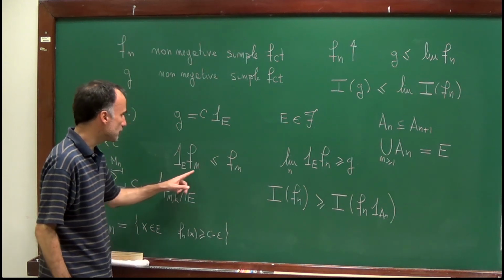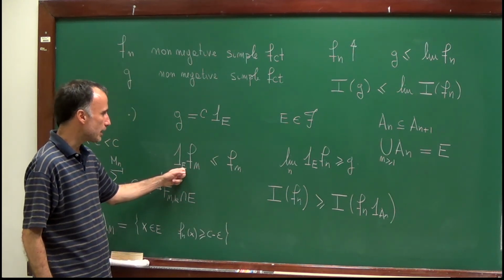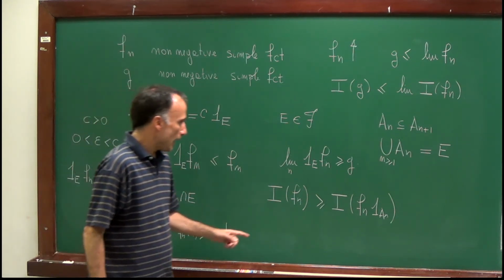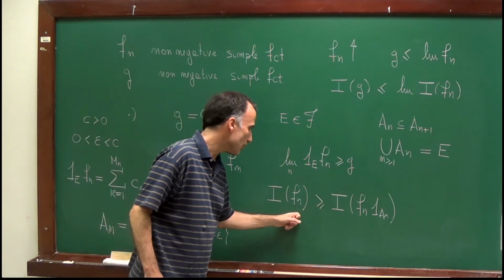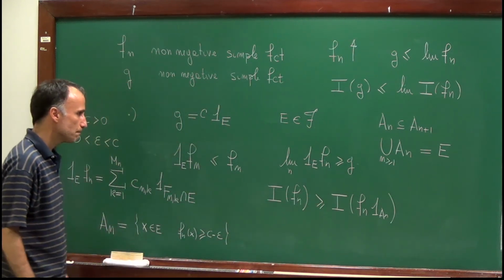Here I'm using this same relation but replacing E by A_n. And we have seen that if we have a function which is bounded by the other one, then the integral is also bounded. So we have this first inequality.